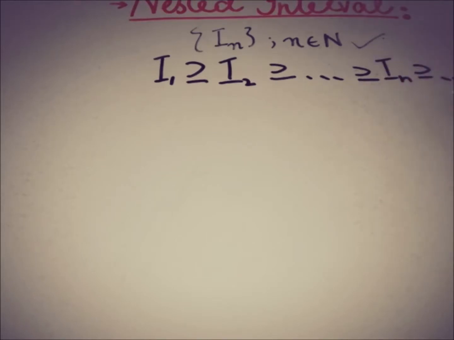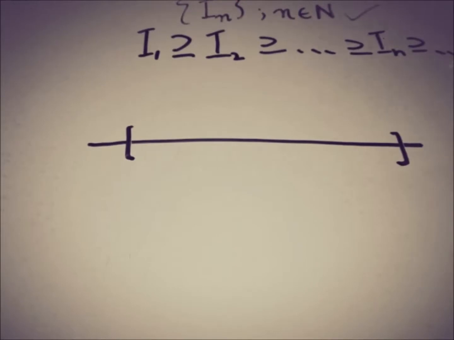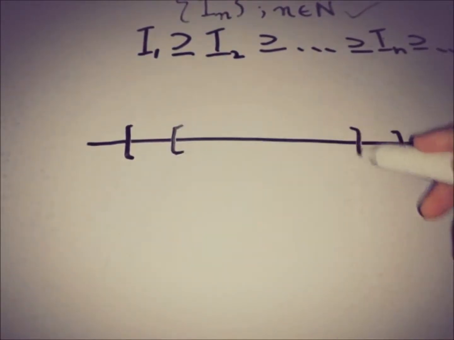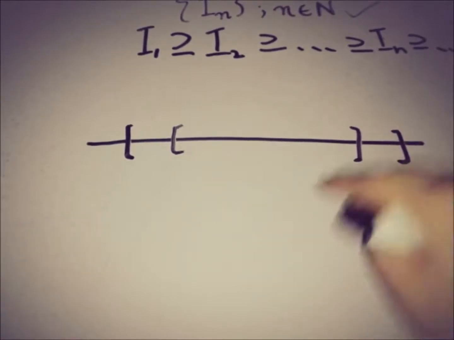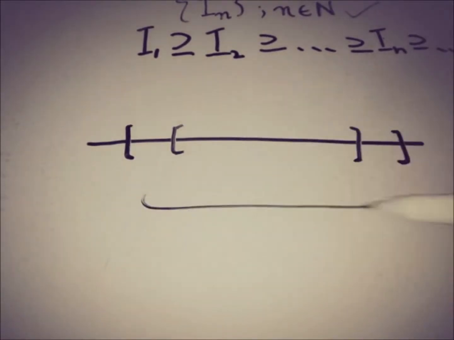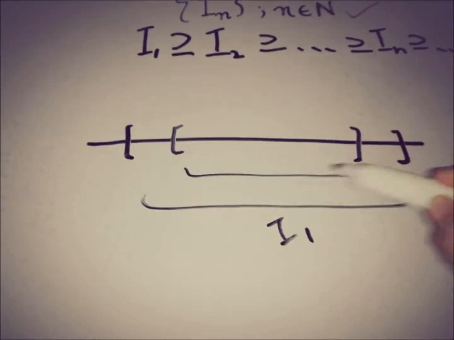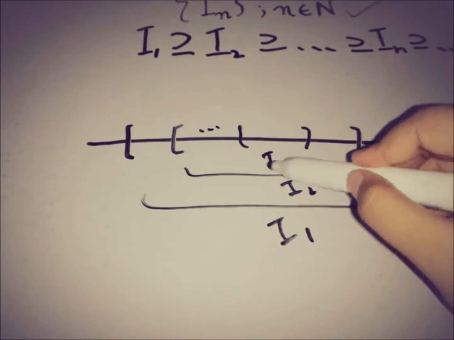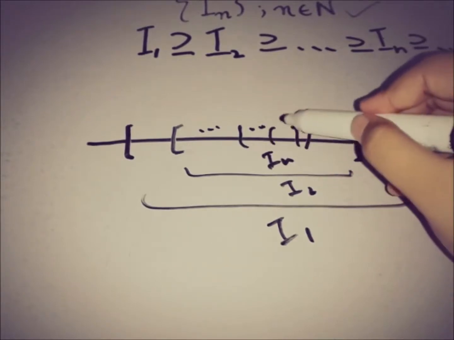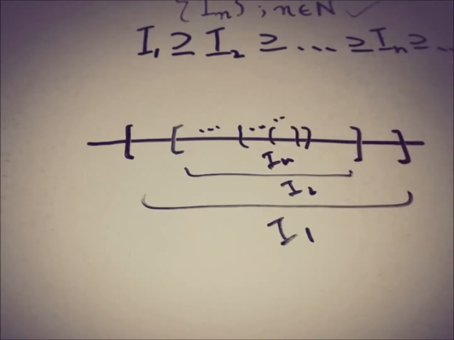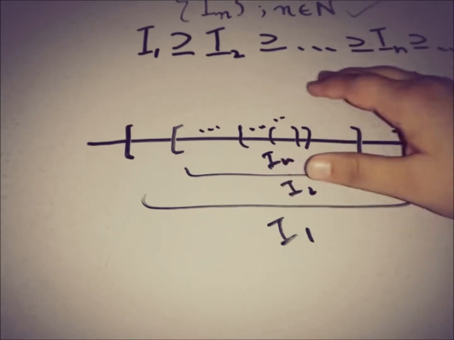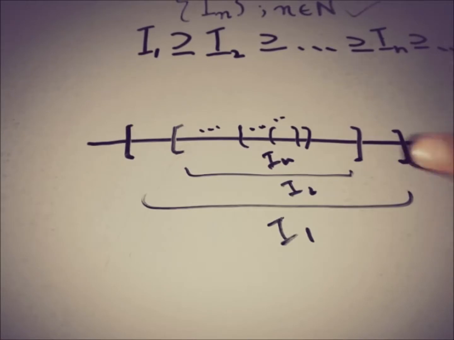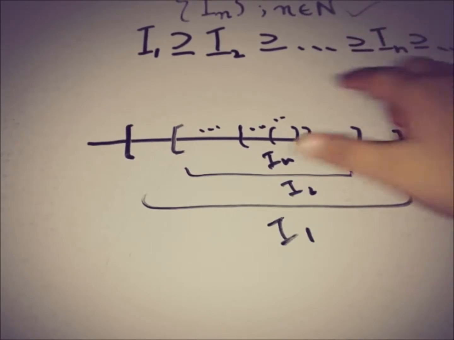We can visualize it: this interval is I1 and this interval is I2, and so on to In, going in the same way. So I1 is a superset of I2, I2 is a superset of I3, and so on, if we have a sequence of intervals that satisfy this property.